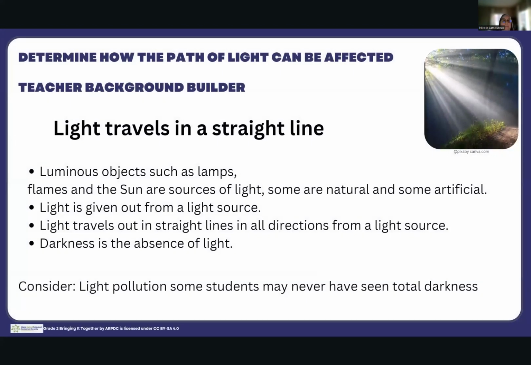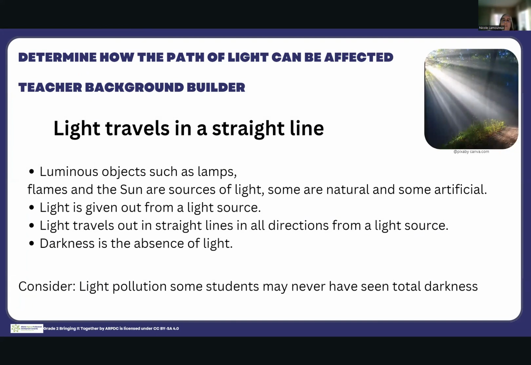So let's unpack this a little more. Students are supposed to come to conclusions about how the path of light can be affected, and that light travels in a straight line. There are luminous objects, or sources of light, such as the sun, some natural or artificial. But was that in the knowledge statement or the skills and procedures?